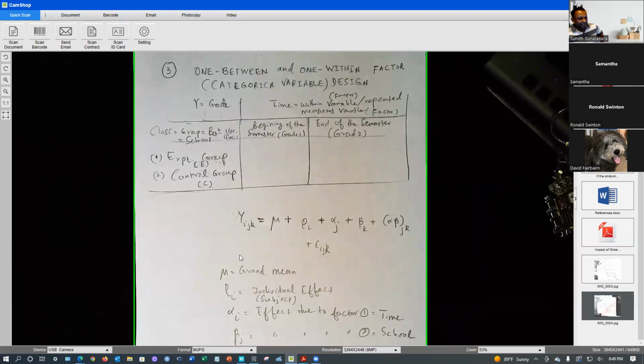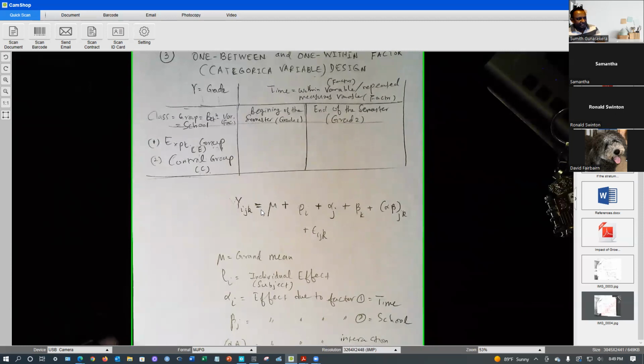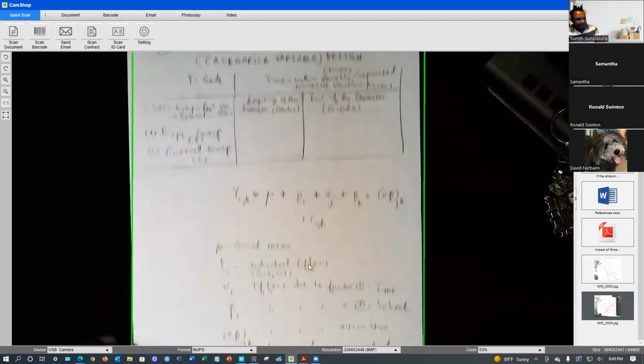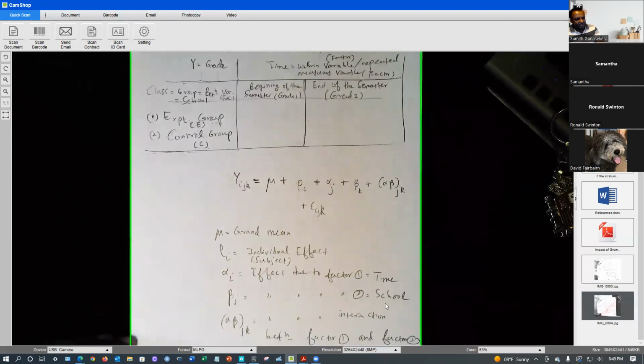This is the formula that governs this kind of scenario. In a repeated measures model, y_ijk equals mu plus rho_i plus alpha_j plus beta_k plus alpha-beta_jk, plus epsilon_ijk. What do those mean? Rho_i is the individual effect, the effect coming from the subject. Alpha is the effect due to factor 1, which is time. Beta is due to factor 2, which is school.